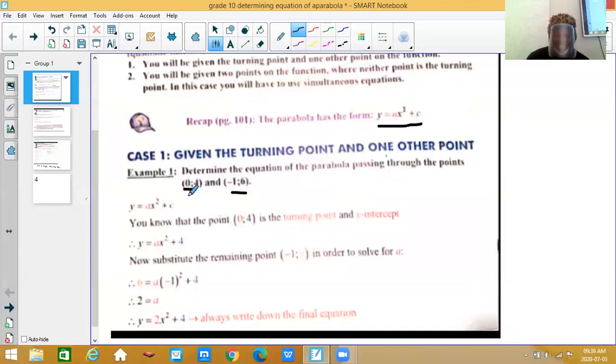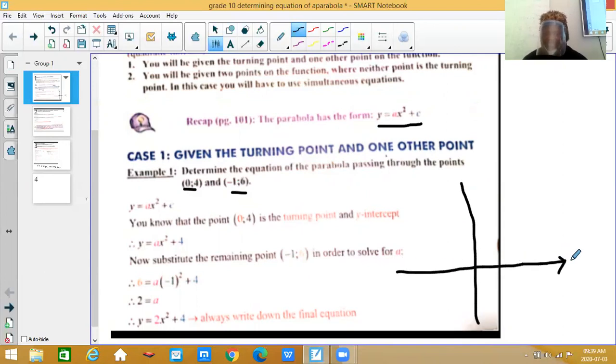It's because the x value is 0. If we look into our Cartesian plane, if you remember very well yesterday, we said when x is 0, y is 4.